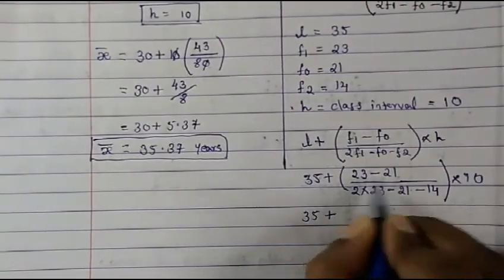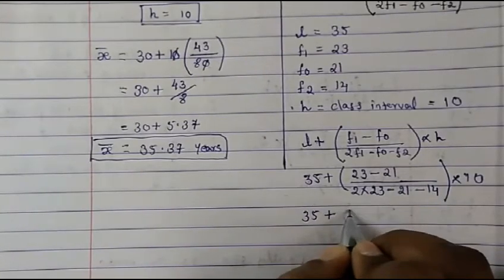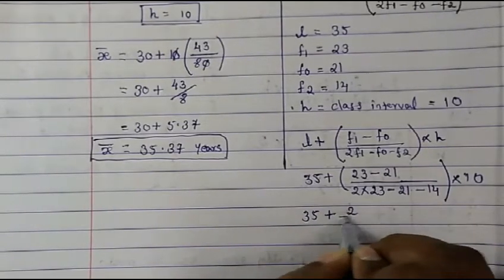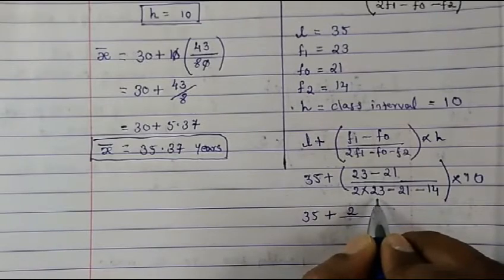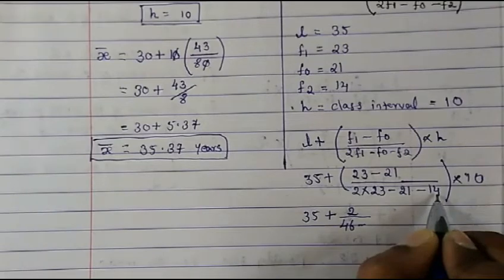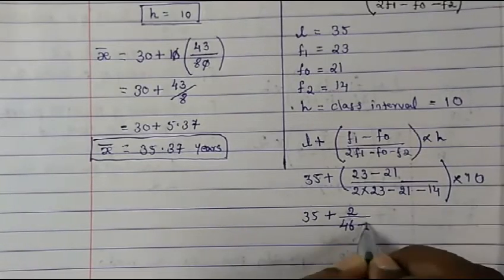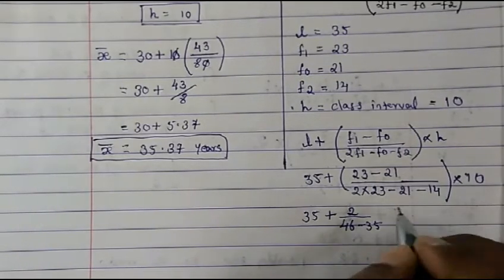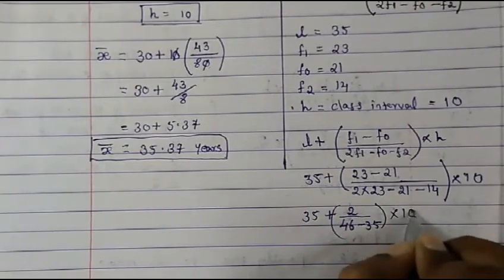So 35 plus 23 minus 21 will give us 2, upon 2 into 23 is 46 minus 21 minus 14 will give us 35, into 10.